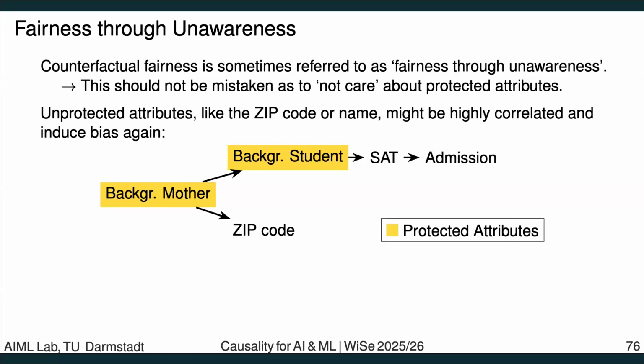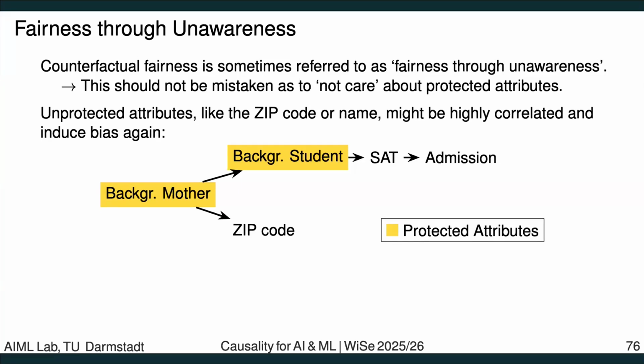So by conditioning on this zip code, we again have an associational link to background, even though we are looking at a non-protected attribute. So really, I think counterfactual fairness is nice if we are working directly with causal models.